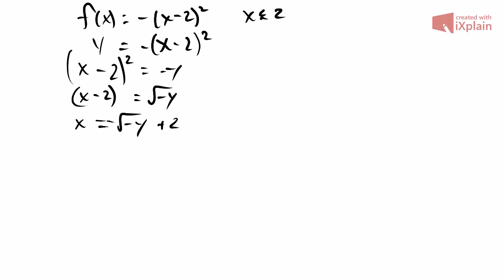When we put this in, we have to get a positive out of this radical. In order for x to be less than or equal to 2, this negative will make that happen, because this is going to be positive, so we need this negative to make this value negative here.